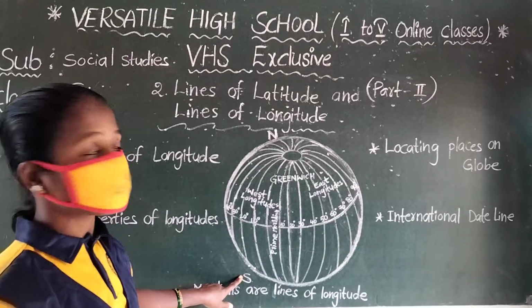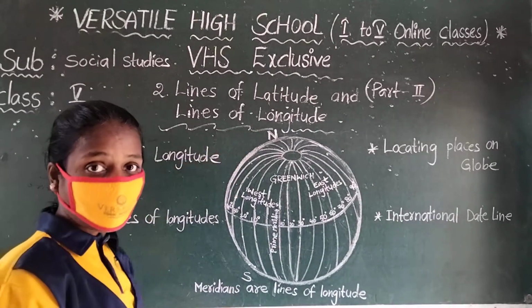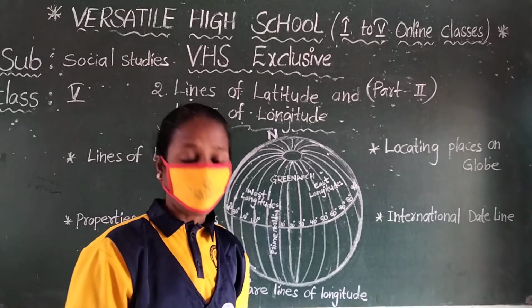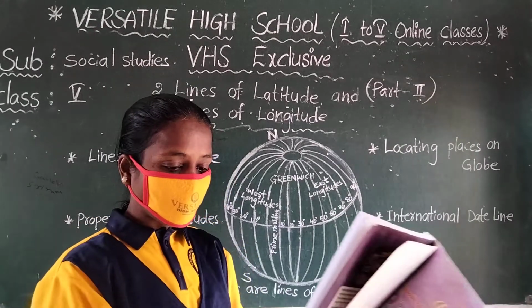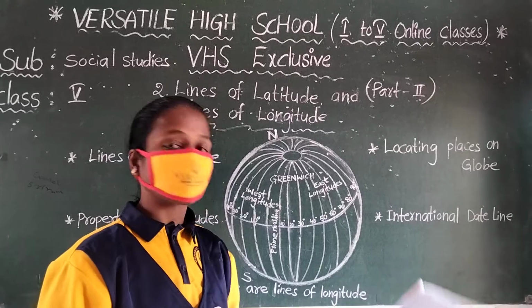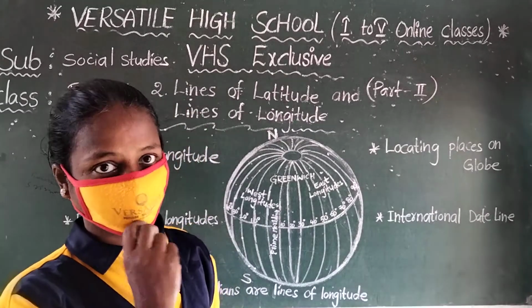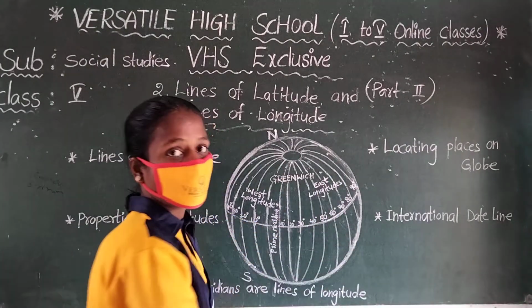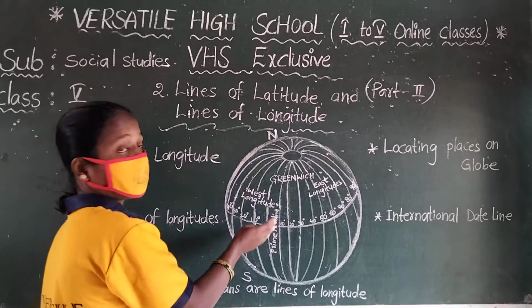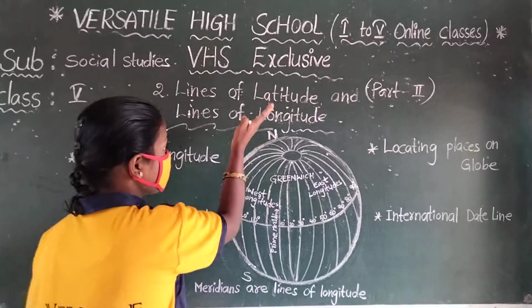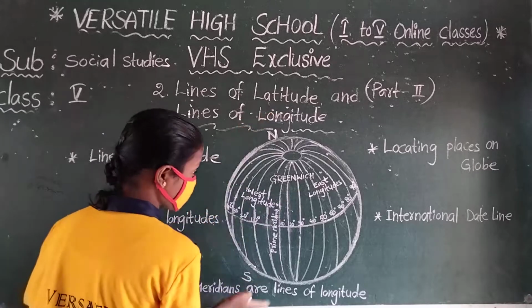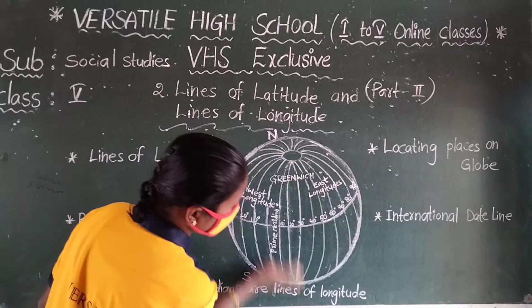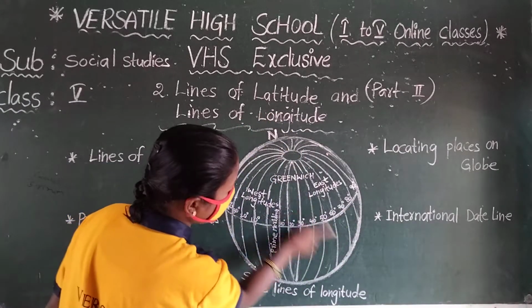The lines passing from north to south on a globe, see this globe. These are all the lines.